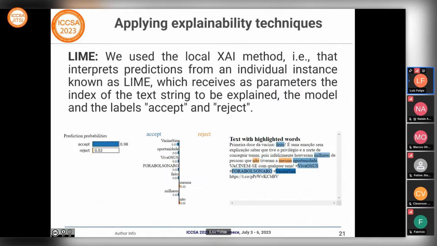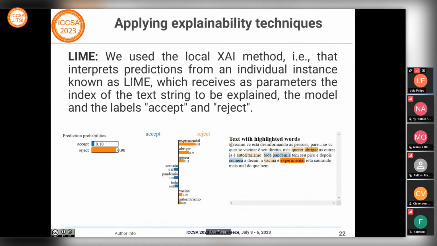We apply the LIME explainability library to a pro-vaccination sample, where you can see the words that contribute to the classification. We also apply the LIME library to a sample classified as against vaccination.